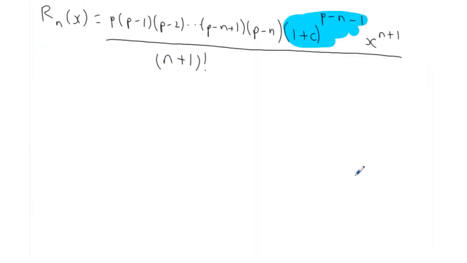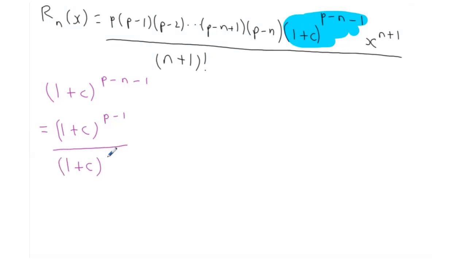So basically, (1 + c) to the power of (p − n − 1) could be written as (1 + c) to the power of (p − 1) divided by (1 + c) to the power of n. Just think about that. Using simple laws, it would be (1 + c) to the power of (p − 1 − n). So exactly the same thing.